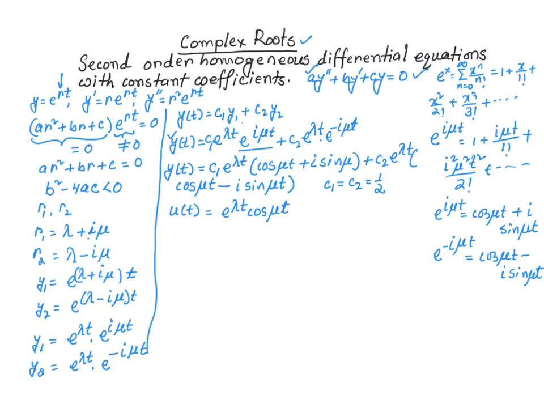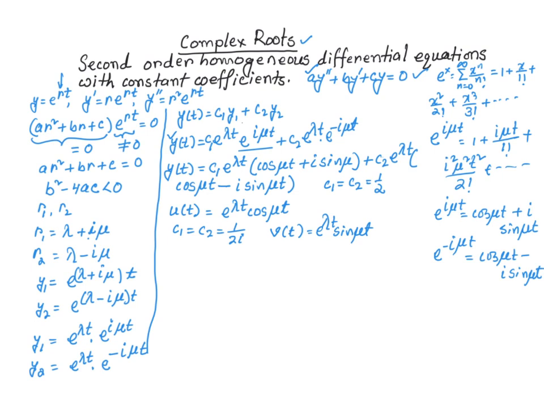In a similar way, if I assume C1 is equal to 1 over 2i and C2 is equal to negative 1 over 2i, I'm going to get another function. Let's call it V of t, and V of t is e to the power lambda t times sine of mu t.